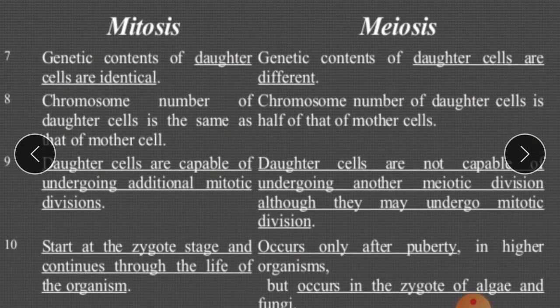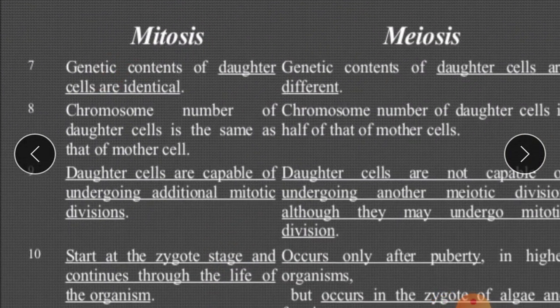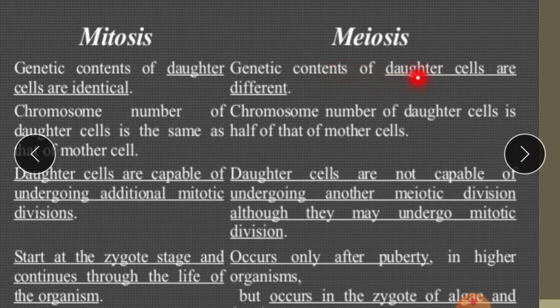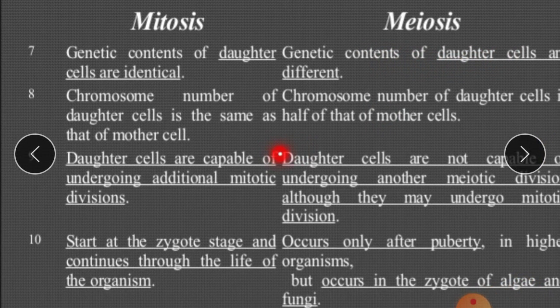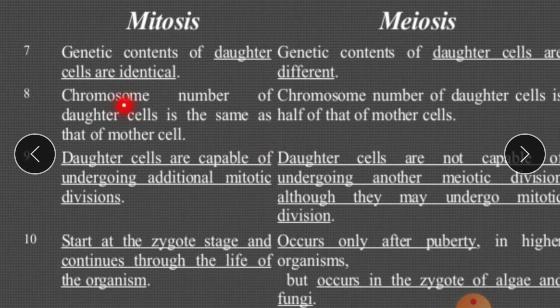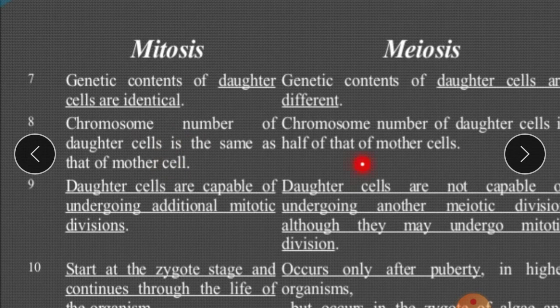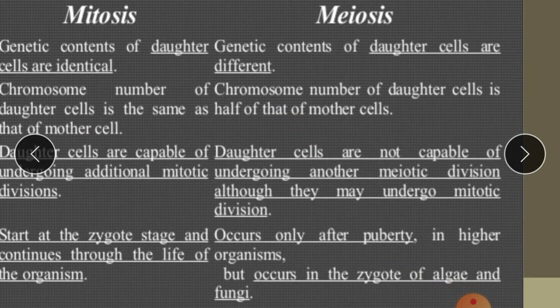Then the genetic contents of daughter cells are identical in mitosis, whereas in meiosis, the genetic contents of daughter cells are different because of recombination. Chromosome number of daughter cells is the same as that of the mother cell, whereas in meiosis the chromosome number of daughter cells is half of that of the mother cell.